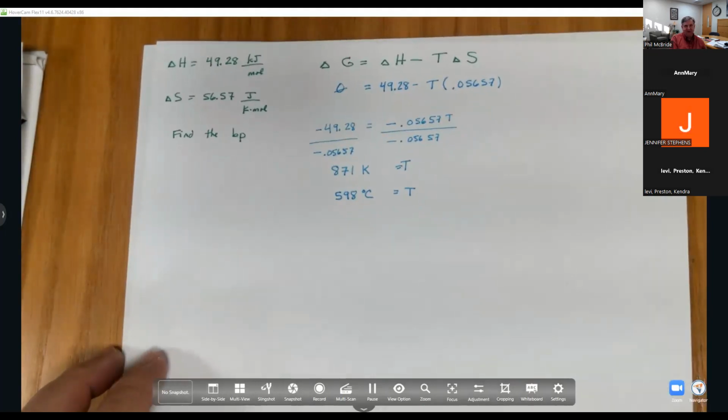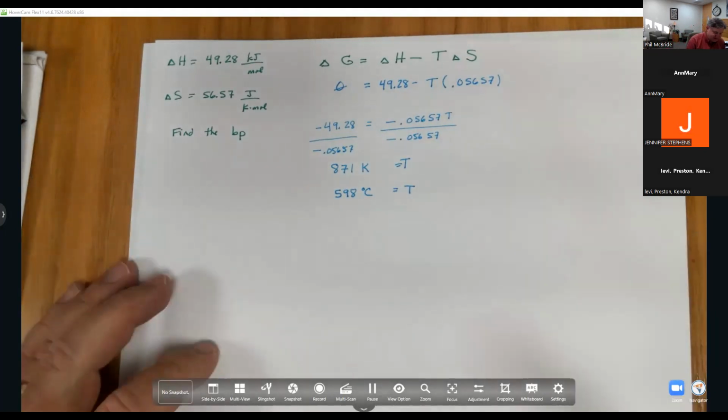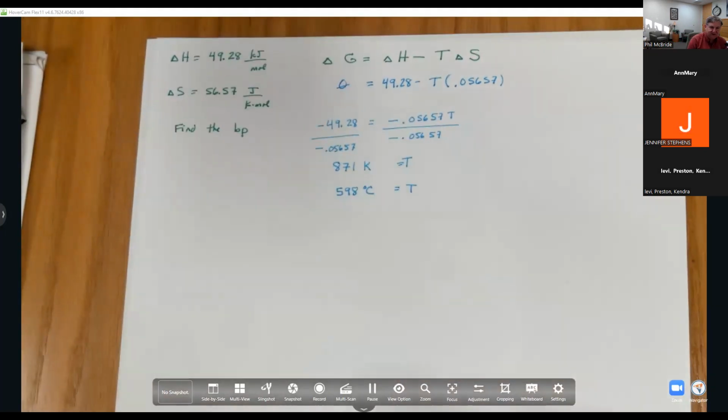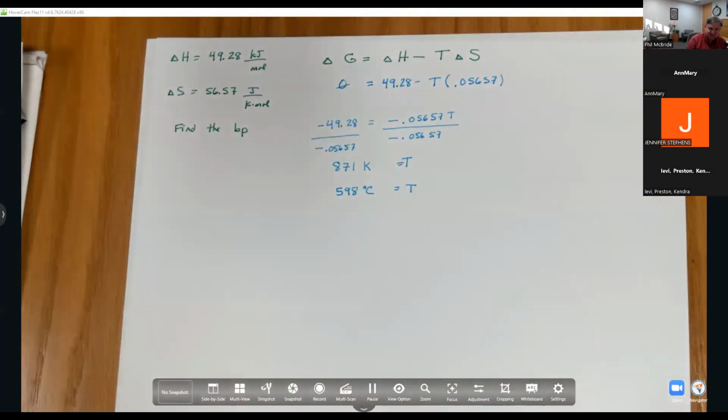All right, this is what I came up with. Because it's boiling point, we're at equilibrium, so delta G is 0. And we have 49.28 is delta H. And welcome Levi, Preston, Kendra, Grace. Oh, Mr. McBride.